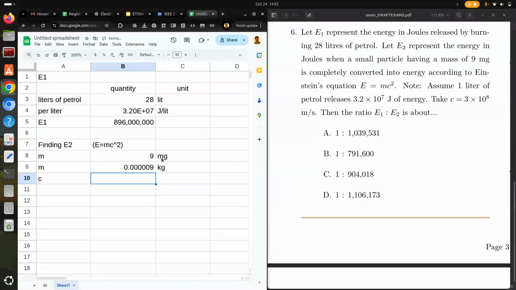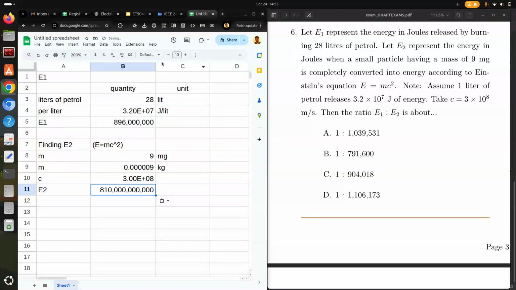C is the speed of light, which is 3e8. So directly we can calculate now: E2 equals m into c into c. I'm getting something like 8.1 into 10 to the power of 11. I can match the number format here.